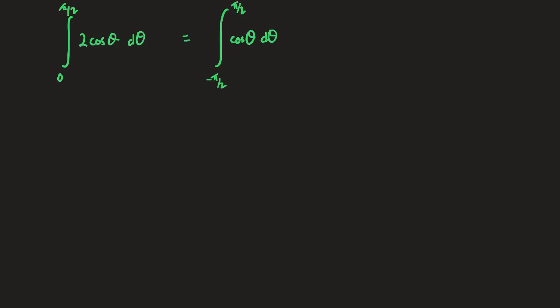Also, it's a summation. Summations can be broken up into pieces and added up a couple pieces at a time. So I could have said negative pi over 2 to 0, cosine theta d theta, plus 0 to pi over 2, cosine theta d theta. All of these things are the same.